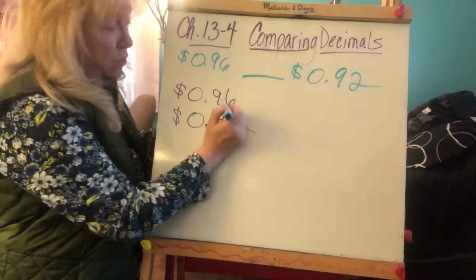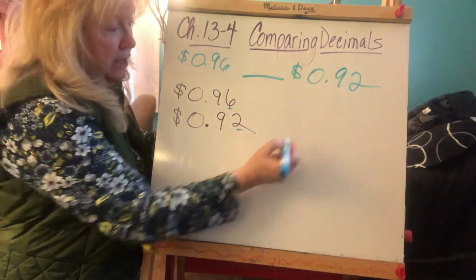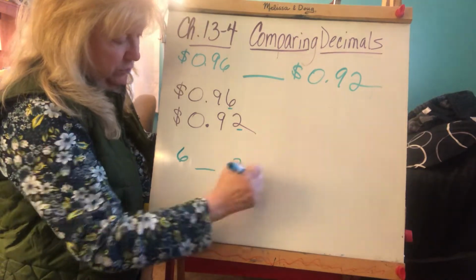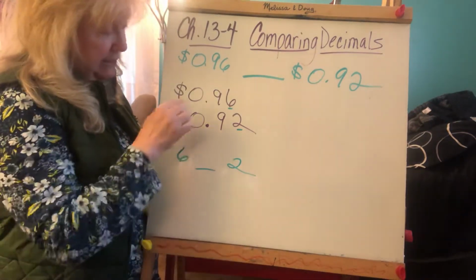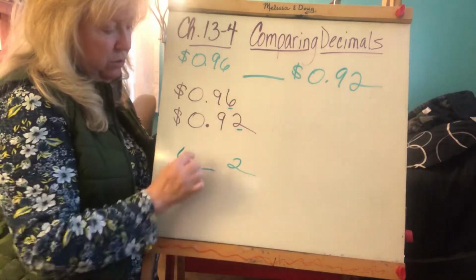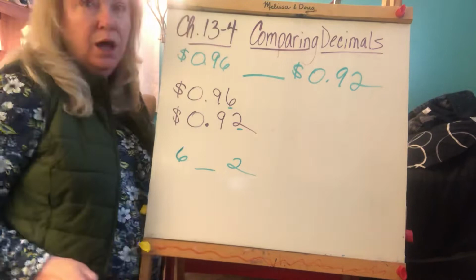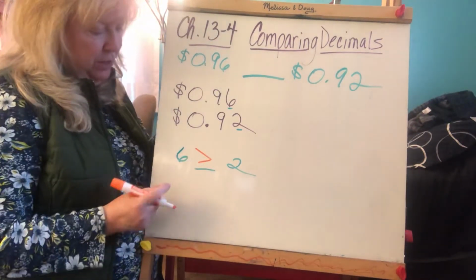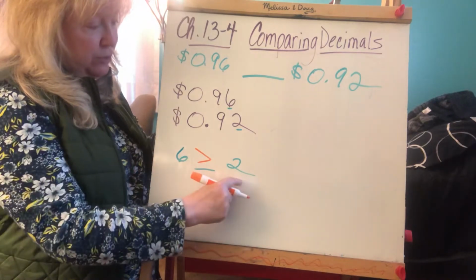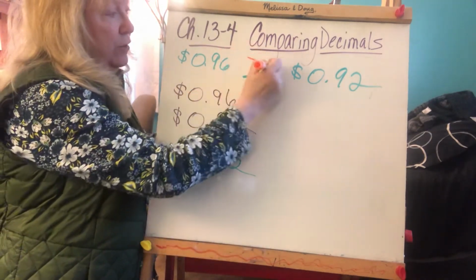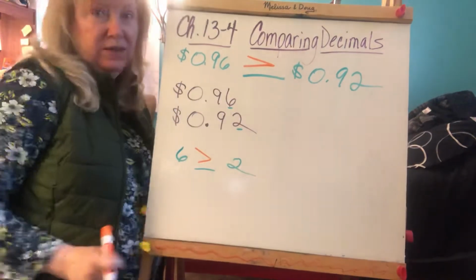So now I have to go all the way out to the third digit, and I have to compare 6 compared to 2. So is 6 greater than 2, equal to 2, or less than 2? Hopefully you told me it is greater than 2. So if 6 is greater than 2, that means this whole value is greater than this whole value.